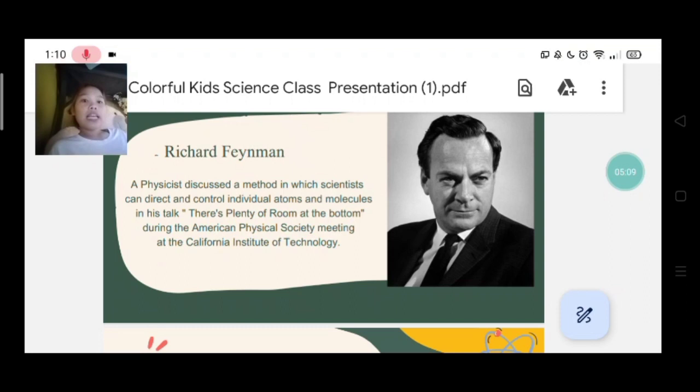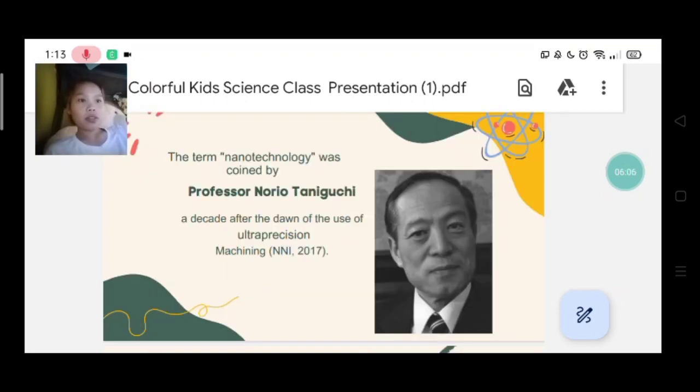In his talk, "There's Plenty of Room at the Bottom," during the American Physical Society meeting at the California Institute of Technology. The concept was discussed by Richard Feynman, a physicist, on December 29, 1959.